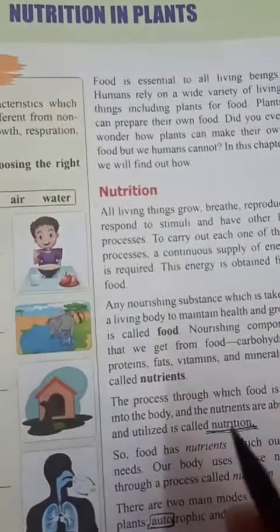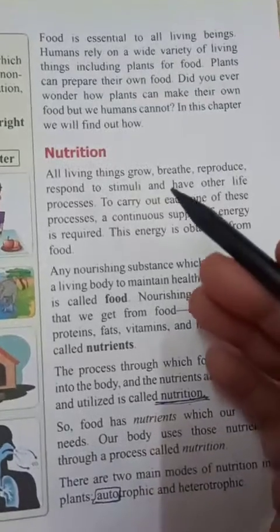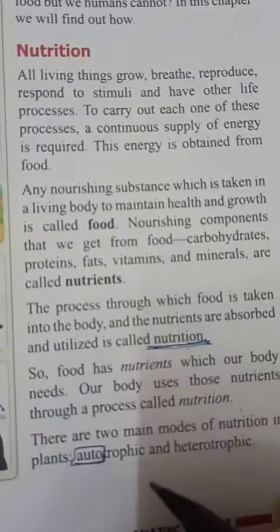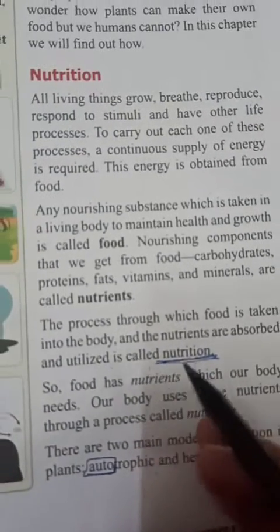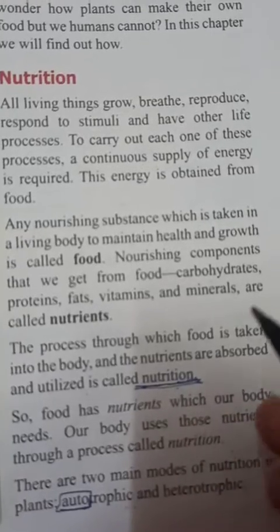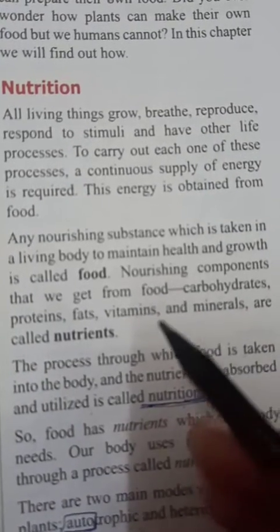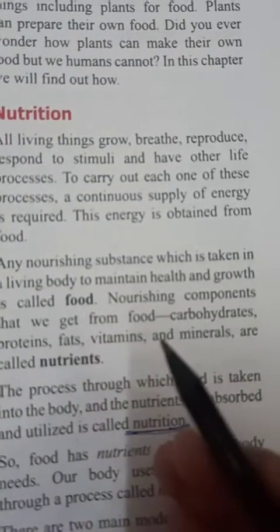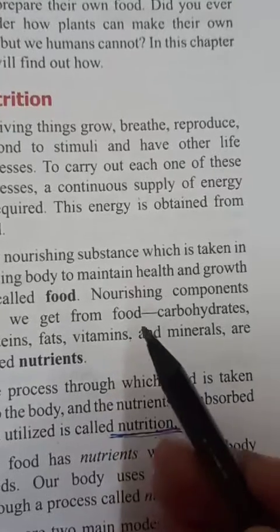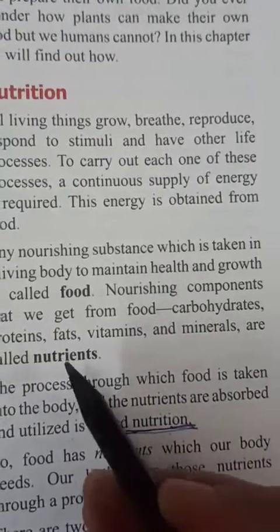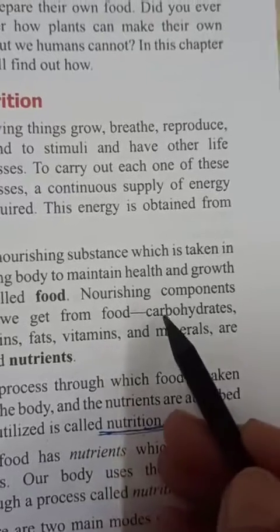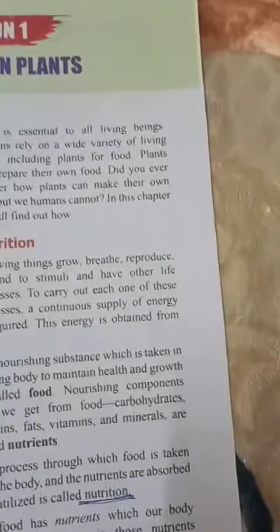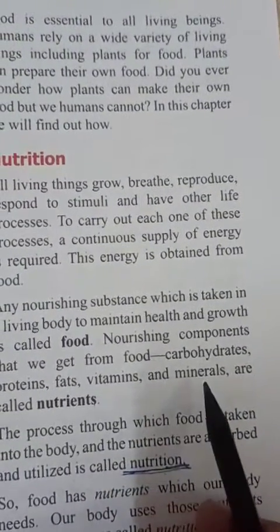Under this chapter, I have explained to you about nutrition, what is nutrition and what are nutrients. Whatever substances are present in our food, because of those substances we utilize our food, those substances are called nutrients, just like carbohydrates, proteins, fats, vitamins and minerals.